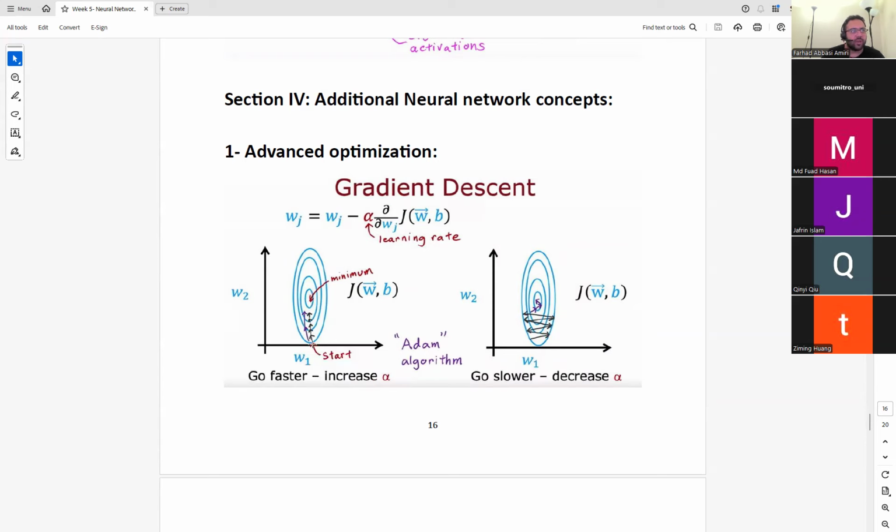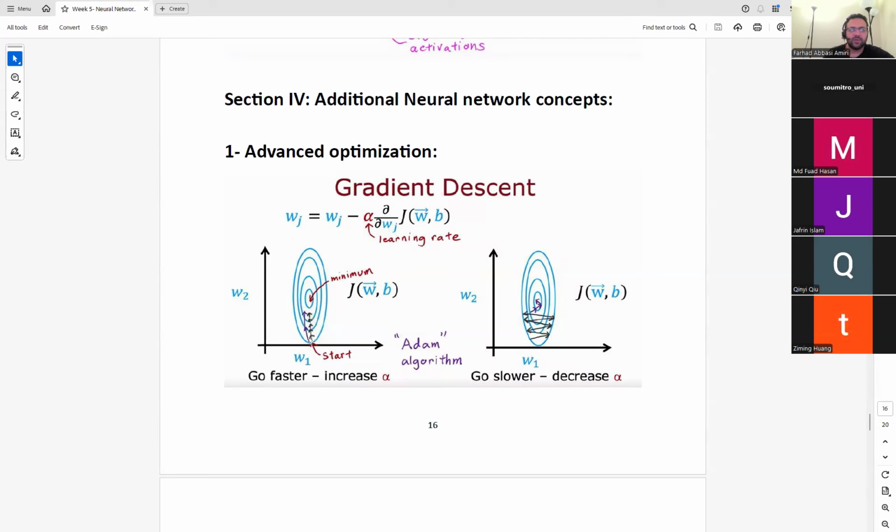And you see all our steps are in one direction. So if all the steps are in one direction, don't you think that we can take a bigger step? So instead of a small step, we can take a bigger step to reach this minimum point faster.